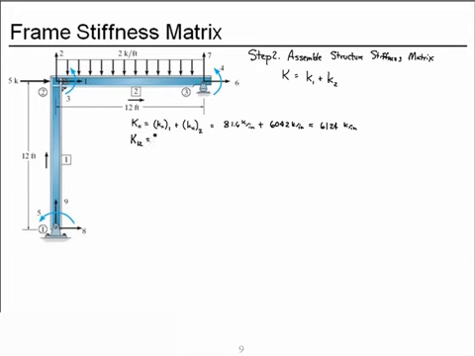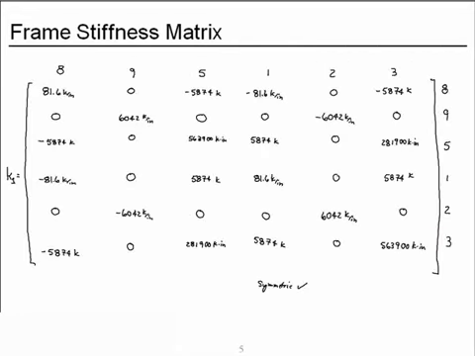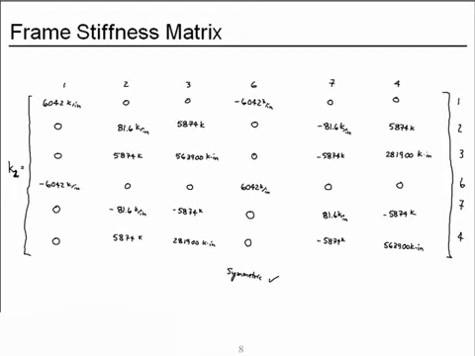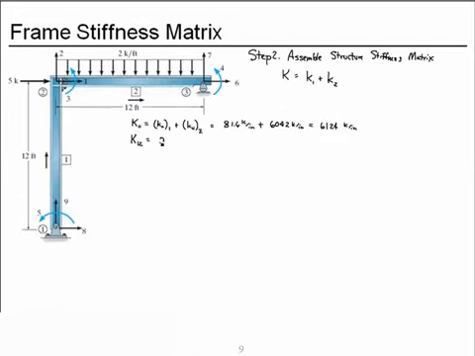We'll go to 1, 2 next. We know that we'll get it from each of these two elements. From element or member 1, row 1, column 2 is 0. And from member 2, row 1, column 2 is 0. So this coefficient, 0 plus 0, is 0 in the structure stiffness. Now coefficient 1, 3.